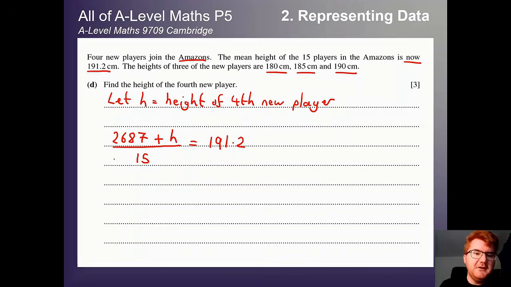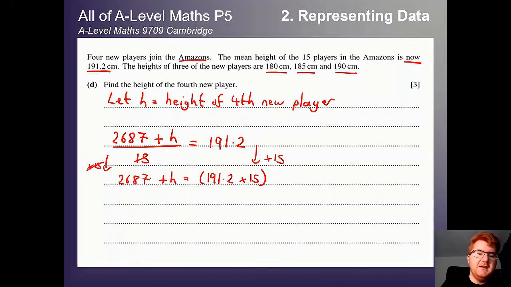Now we want the h on its own here, so we multiply by 15 on both sides. This cancels, giving us 2,687 plus h is equal to 191.2 times 15, and then we take away 2,687 on both sides to give us then the height on its own.